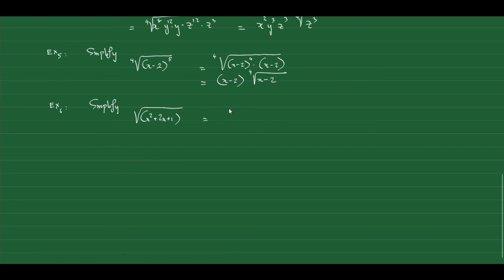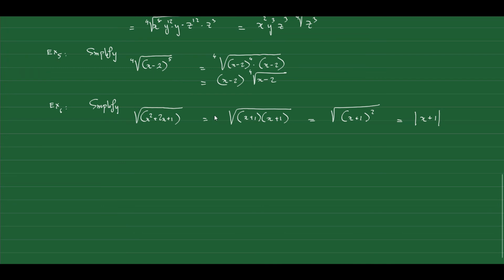You have to factor it. If you factor x squared plus 2x plus 1, you're gonna have x plus 1 times x plus 1, which is x plus 1 squared, and the index and the exponent give you x plus 1. However, because we don't know if the inside is positive or negative, the answer should be the absolute value of x plus 1 in this case.